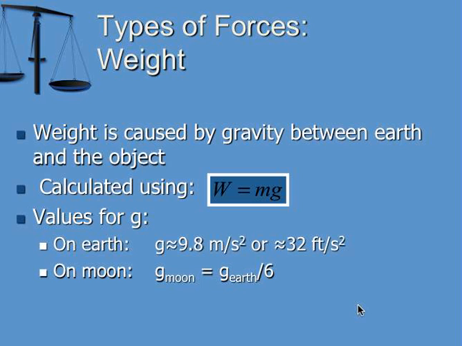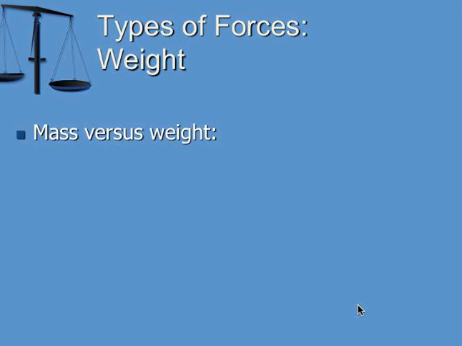So anyway, it varies from place to place. Even on Earth, it varies a smidgen. If you were to go up on the poles, it's a little bit less than it is at the equator, or up on a mountain. Because you're a little further from the center of the Earth, it's slightly less than down at sea level, but usually not noticeably less.